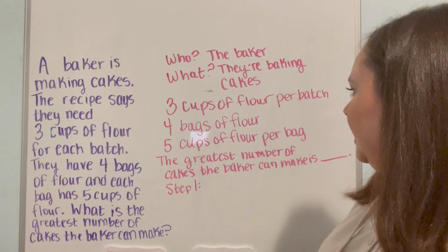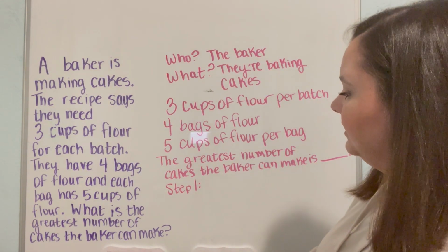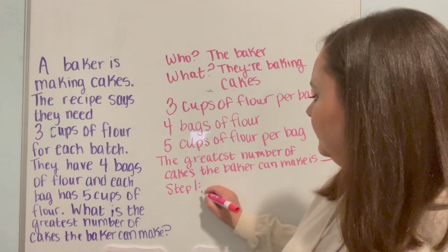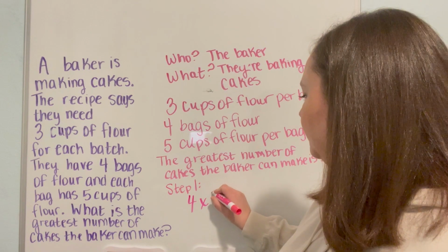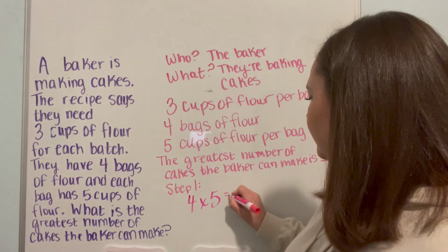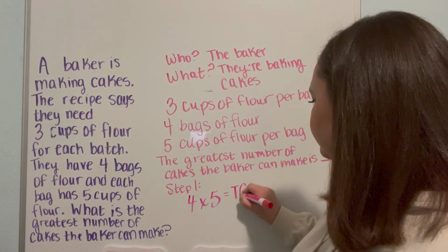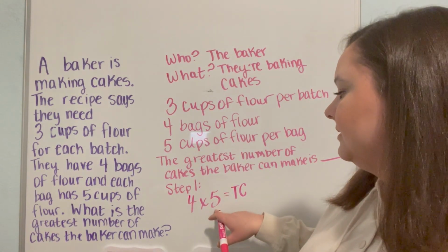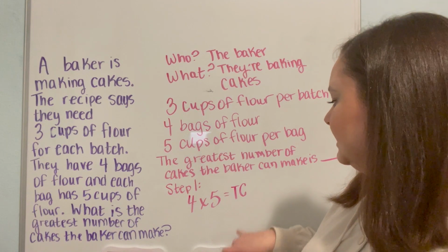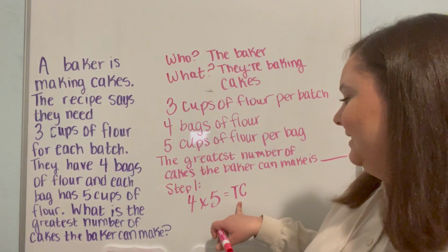And then we have 5 cups of flour per bag. All right, so looking at these two, I can say that in order to find the total cups of flour, I'm going to multiply the number of bags that I have by the cups of flour that are in each bag. And this will tell me my total cups, or TC.